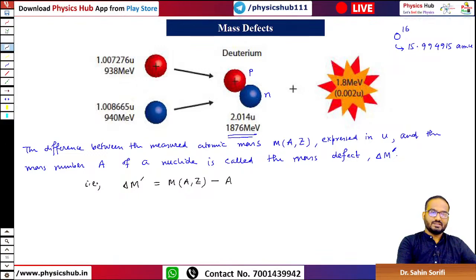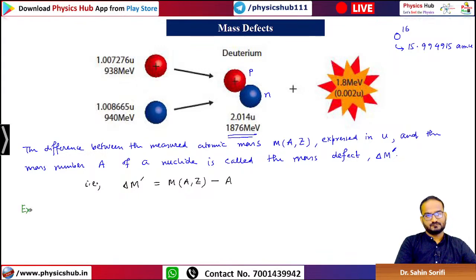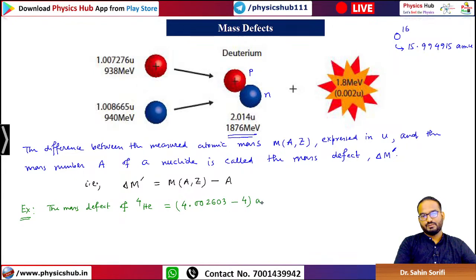This is equal to the atomic mass minus the mass number. Okay, let's take some examples. What is the mass defect of He-4, helium? Its mass is 4.002603 minus mass number 4, in u.